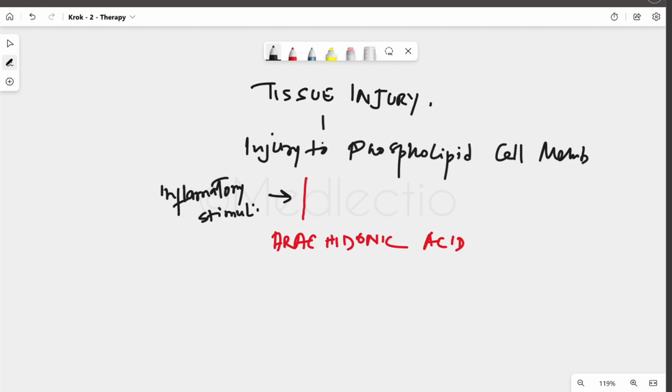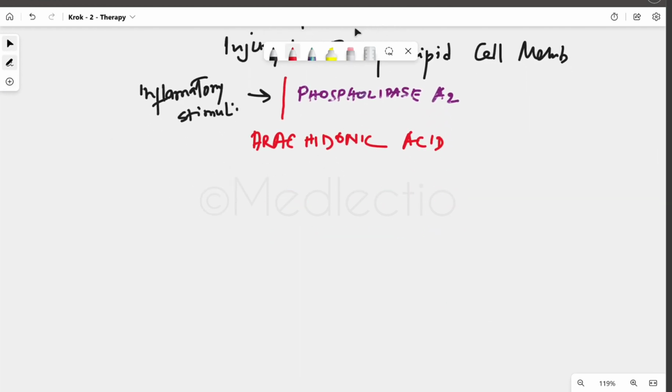And here there is one enzyme. This is called phospholipase A2. Then what happens?